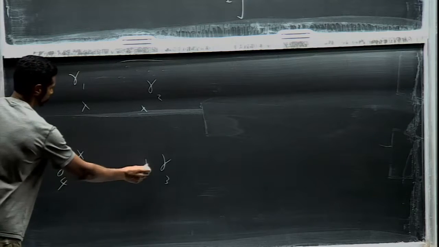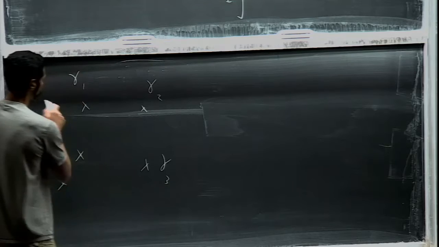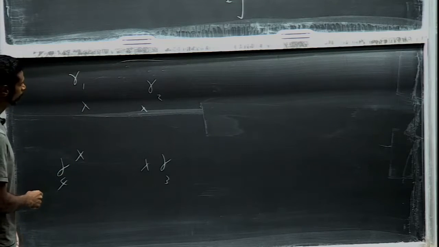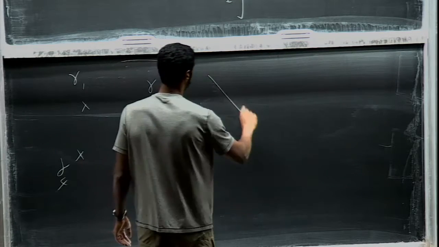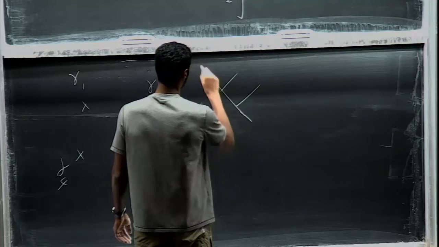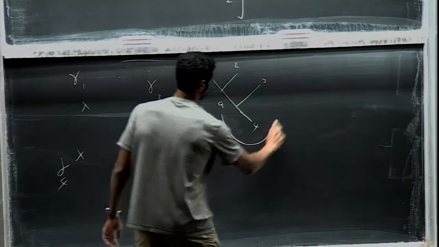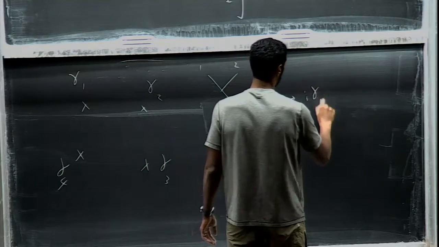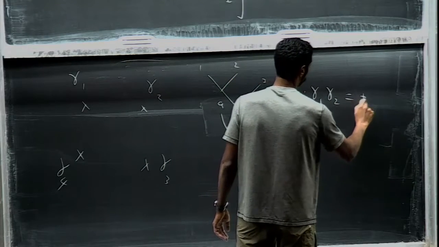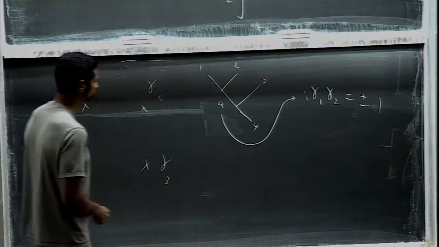So if we follow that Read and Green philosophy to Ising anyons, then these are our Ising anyons. These are our 4 sigmas, and this basis A, of 1, 2, 3, 4, is the basis of i gamma 1 gamma 2 equals plus or minus 1.